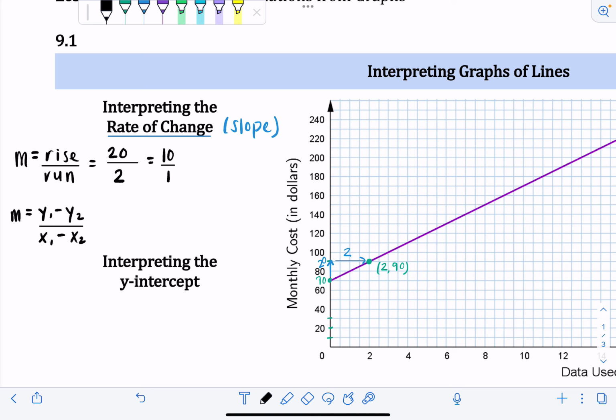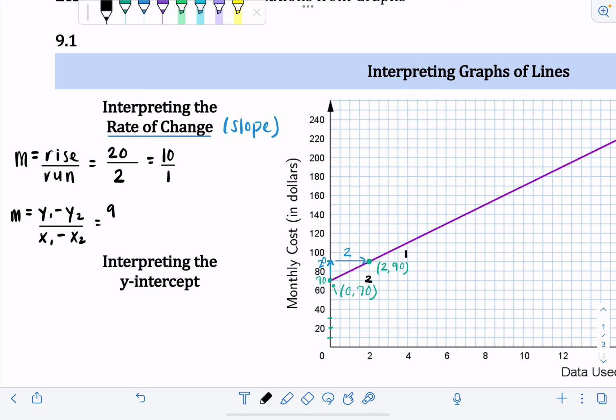Then we just need to pick any 2 points from our graph. This point right here, where we're at the y-axis, was at (0, 70). I'm going to use those 2 points because I already have them, and I'm going to make this my x1, y1, and this my x2, y2, just so I'm subtracting the smaller numbers.